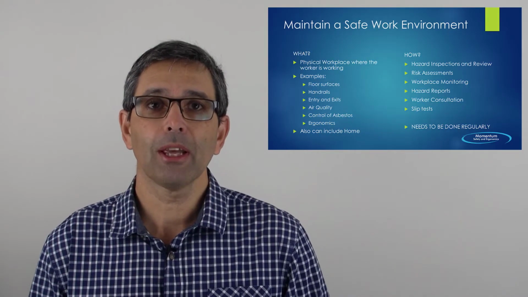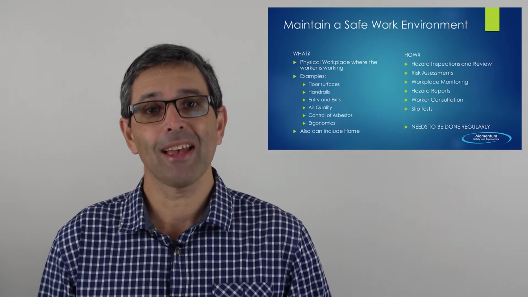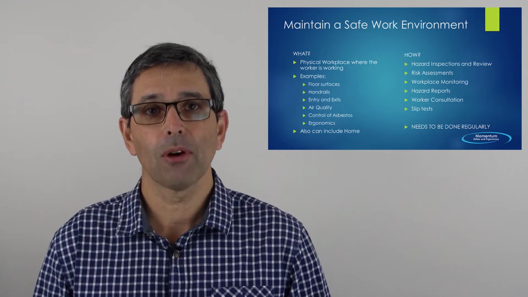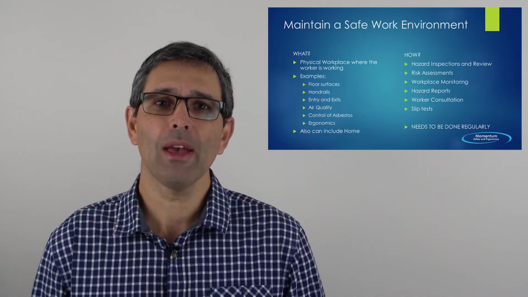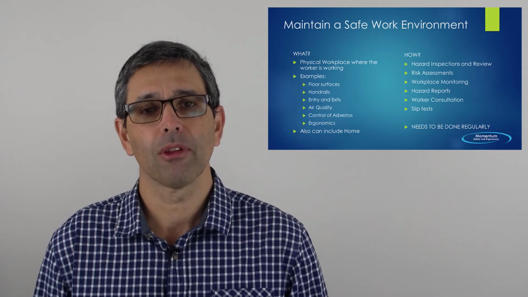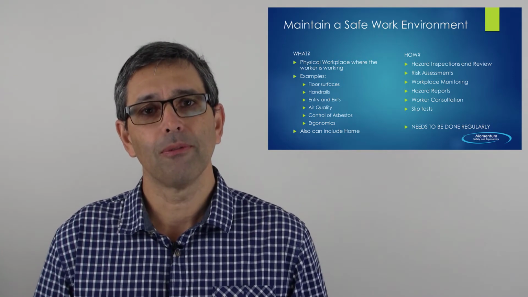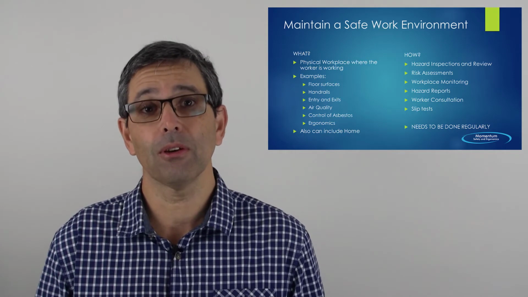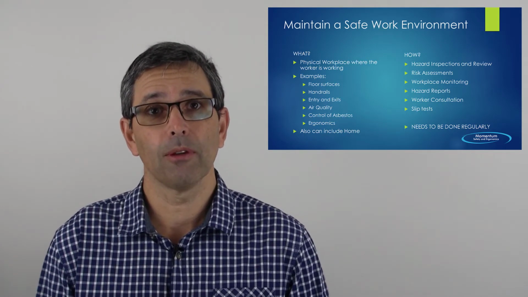Okay, jumping on in and looking at maintaining a safe work environment. When we're talking about maintaining a safe work environment, we're really talking about where the worker physically works. So this might include the physical buildings and workplace, but it might also include things like vehicles as well as the home work environment.